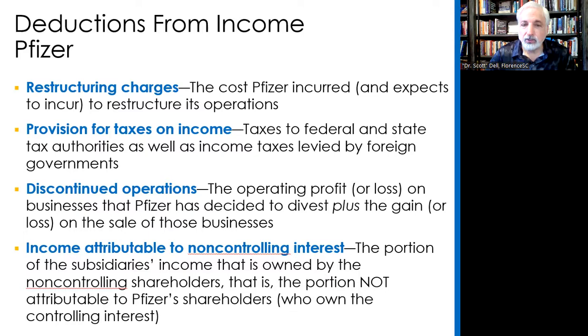And income attributable to non-controlling interest. This is kind of important. So a portion of the subsidiary's income that is owned by non-controlling shareholders, that is a portion not attributable to those that are common stockholders. Okay, so the controlling interest is the publicly traded side of things.